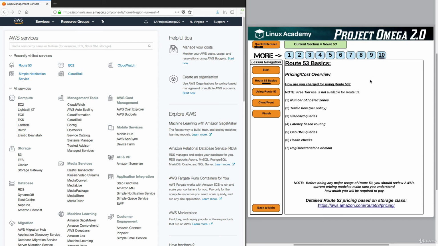Now let's take a look at pricing for Route 53. Be aware that there is no free tier usage available for Route 53. Now we haven't talked about all of these services, and we won't address all of these services in this section, but as you continue to work with Route 53 and you start to learn more, I wanted you to be aware that you would be charged based on your use of these services.